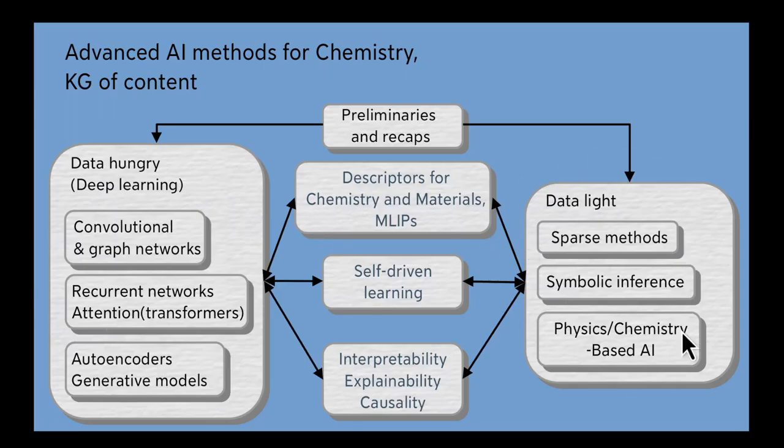The next part, until the end of the course, I will be looking into what are called data-light models, where you don't need a huge data set to be trained, where you do a lot of design on the model class in order to reduce the number of effectively training parameters.